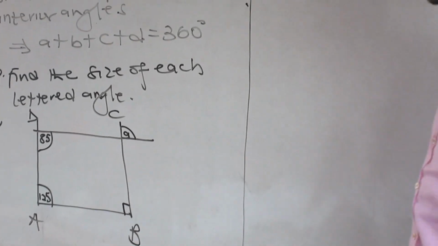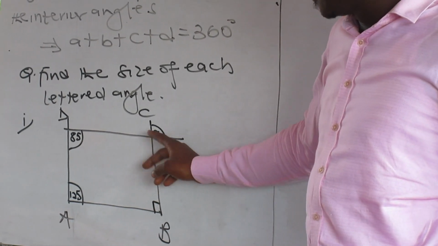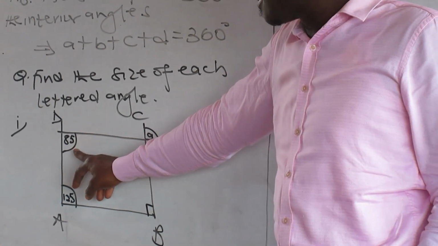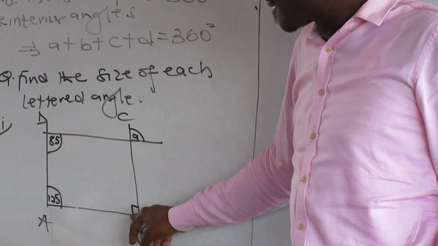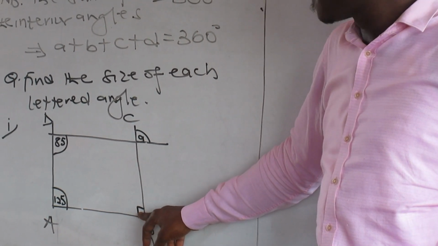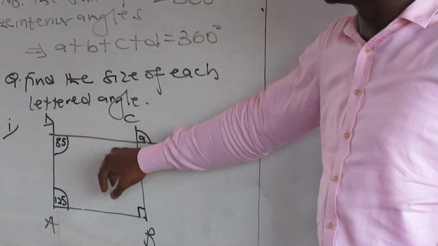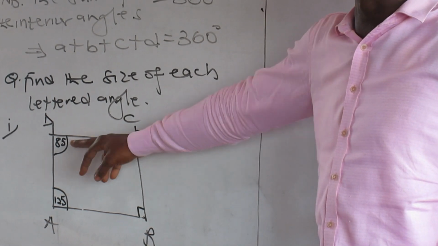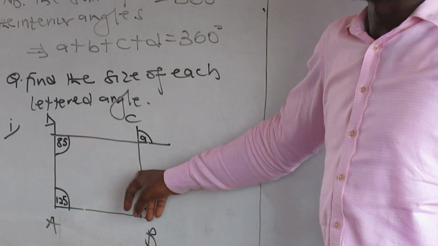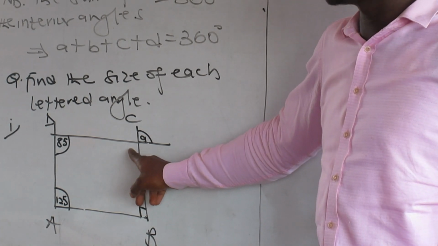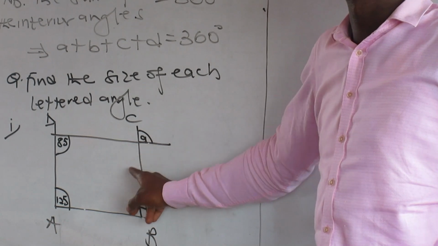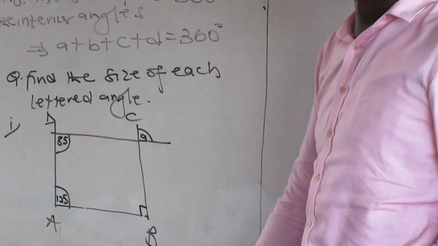Find the size of the angle A. This symbol here is 90 degrees, right? There is nothing here. I need A. Why don't I fix something here and go with the sum of interior angles of a quadrilateral? When I finish, what I fix here is vertically opposite to this. You believe? And I'll just get my answer.